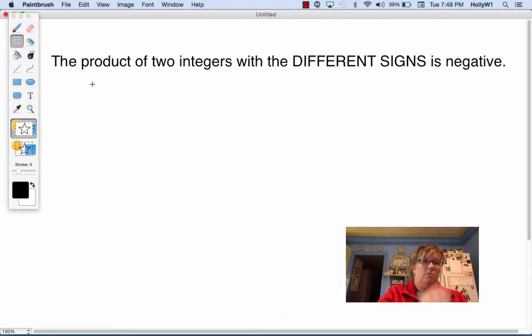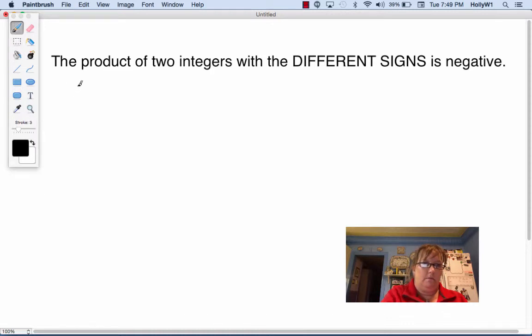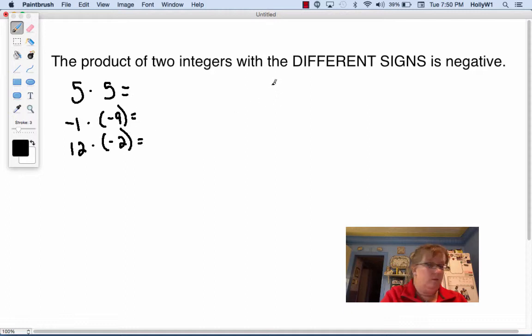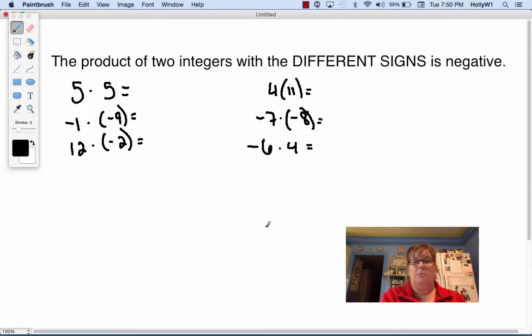On your own, why don't you find the product of 5 times 5, negative 1 times negative 9, 12 times negative 2, and let's also try 4 times 11, negative 7 times negative 8, and negative 6 times 4. So pause me for a couple of minutes, try these on your own, and let's find out what the answer is.